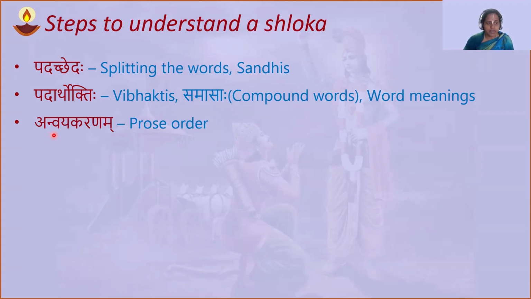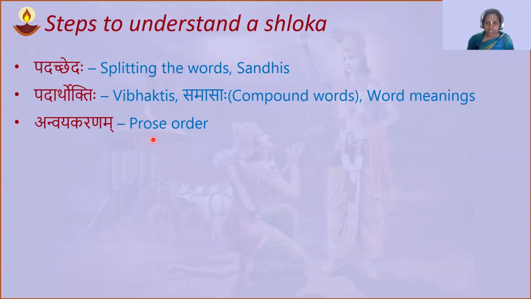Next one is called Anvayaha. Anvaya means prose order. In shlokas there is something called poetic order, based on the rules of chandas, the meters. There are rules for how a guru and laghu have to be written to make a proper shloka. Also, Sanskrit has a free word order. Ramaha Ravanam Marayati, Ravanam Ramaha Marayati, the meaning is the same.